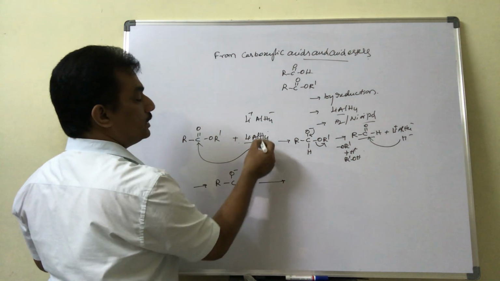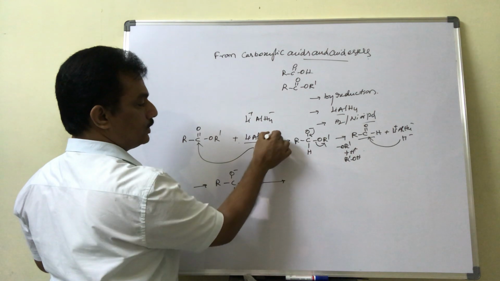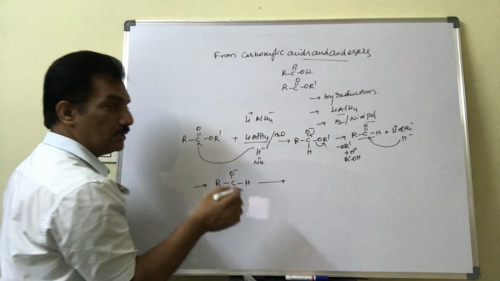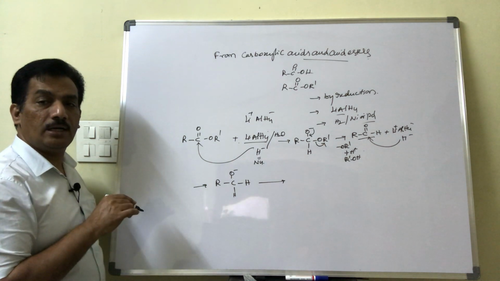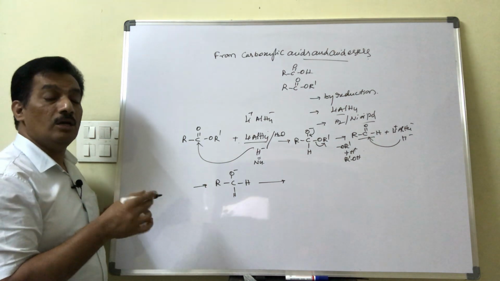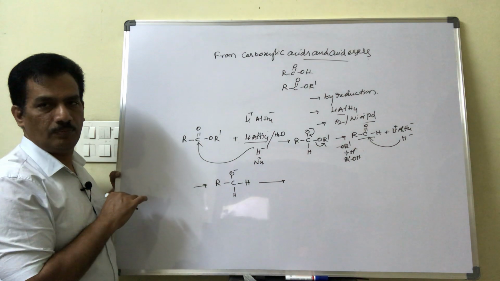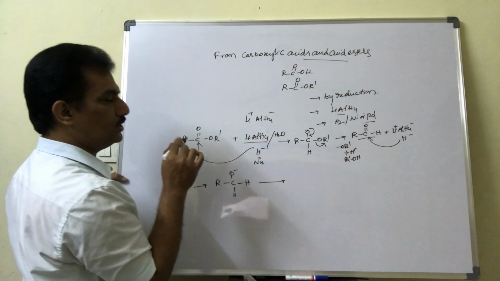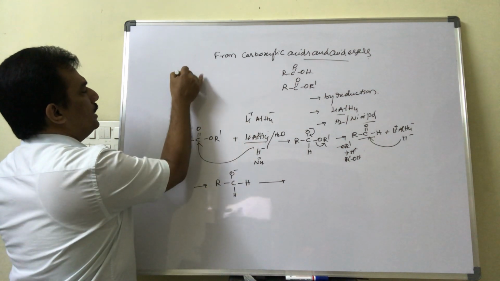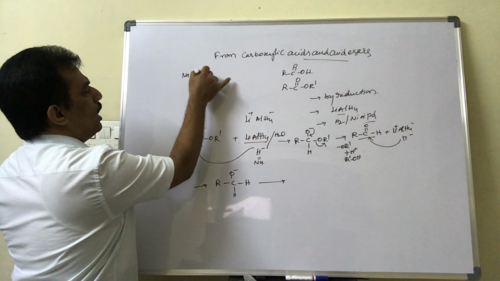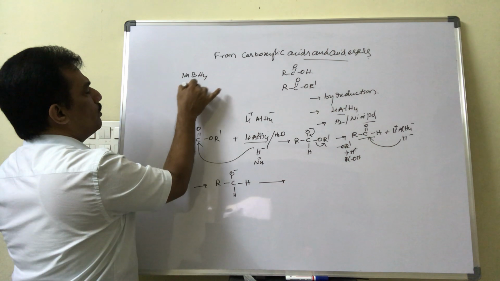And now the granted reagent here in the reducing step is H2O. Granted reagent, I already explained about the granted reagent. A granted reagent is nothing but the reagent which need not be mentioned. For all these reducing agents, just remember, these are nothing but NaBH4 and lithium aluminum hydride.